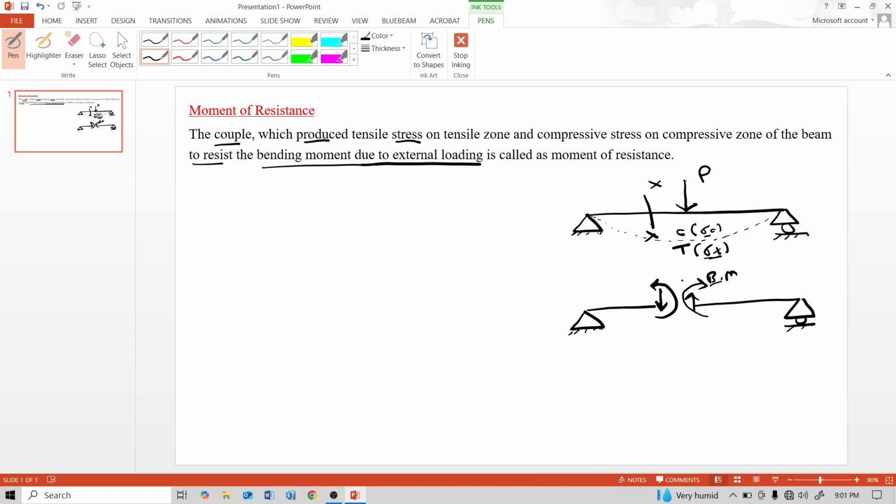For equilibrium, due to external loading P, bending moment and shear forces generate inside the beam. For resisting this bending moment, stresses in the compressive zone and stresses in the tensile zone are generated.